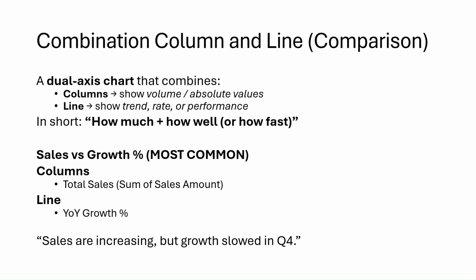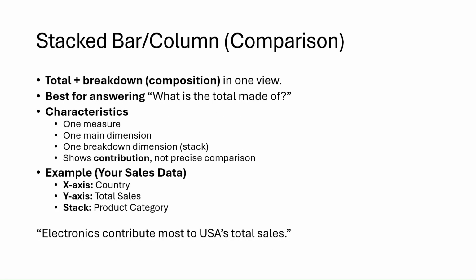But when we show the line as a growth percentage, it will always show 3%. That means sales are increasing, still the growth is not increasing. It is still 3% or 3.1%. It is not going from 3% to 3.5, 3.5 to 4%, and so on. So that is where this combination column and line chart is important.